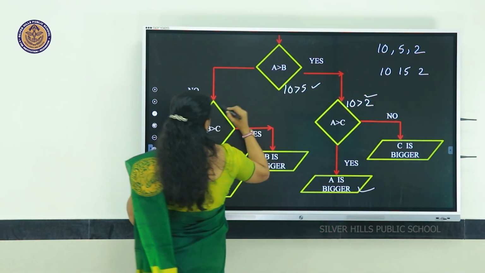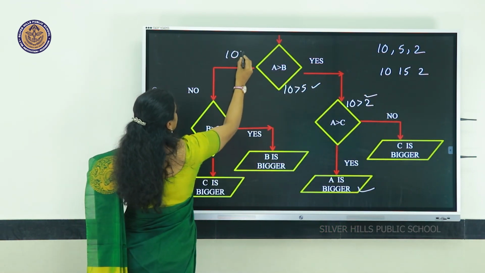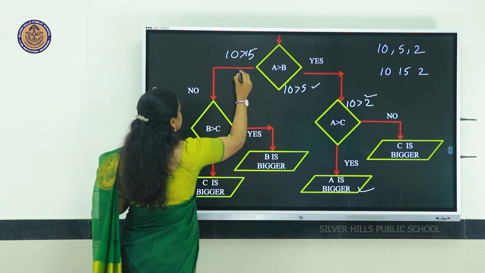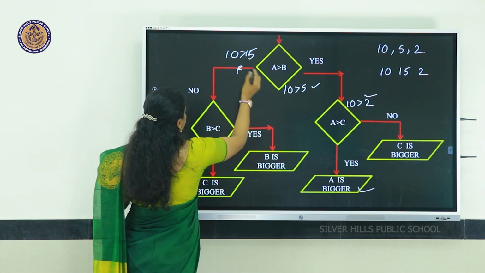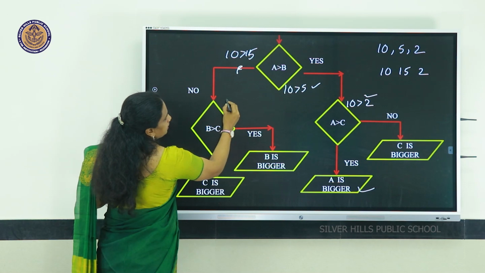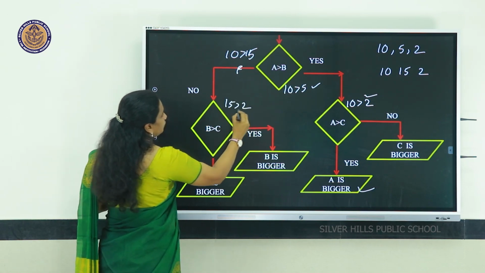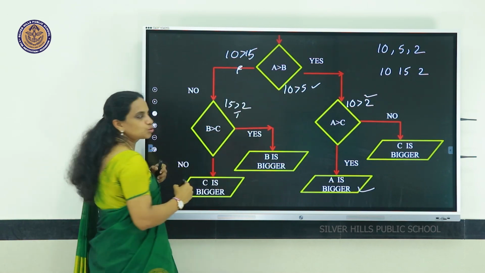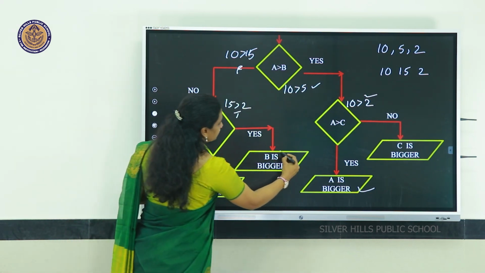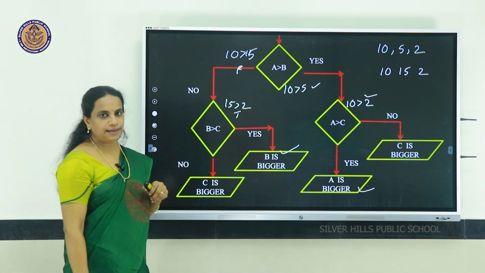A greater than B, that is 10 greater than 15. Is it true? No, it is false. Therefore, this side will be executed. Now, it will check 15 greater than 2. 15 greater than 2 is true. Therefore, this part will be executed. Now, what is the answer? B is the biggest number.